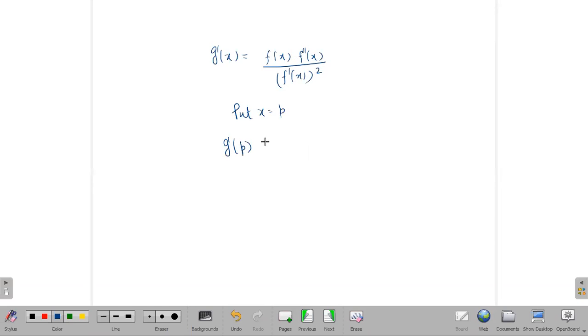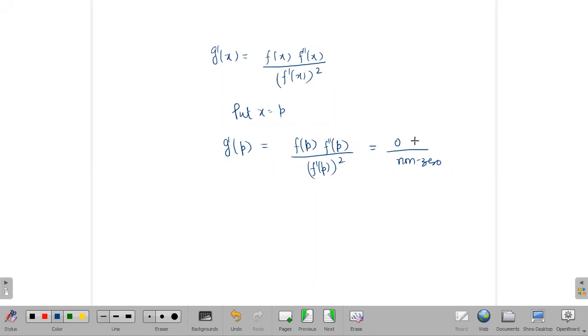g dash at p. So what is this value? Is it 0? Yes. It is 0 by some non-zero number, because this is non-zero. It is not a 0 by 0 form, otherwise you cannot say it is a 0.